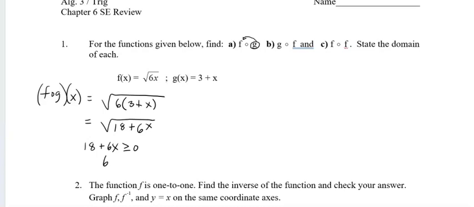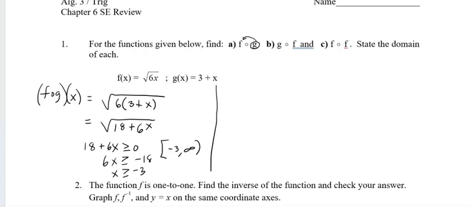And so we would subtract 18 from both sides and divide by 6 on both sides. And so all the numbers greater than or equal to negative 3 will be a part of our domain. So there's the f of g.